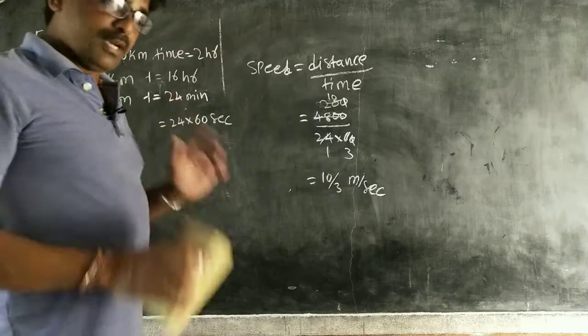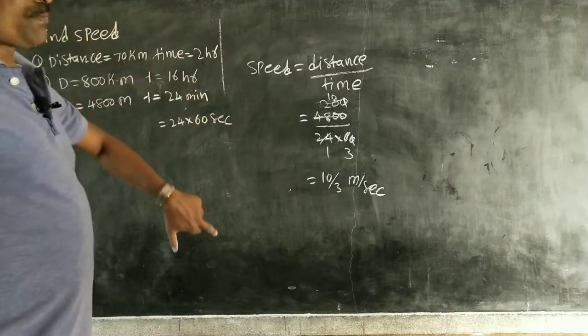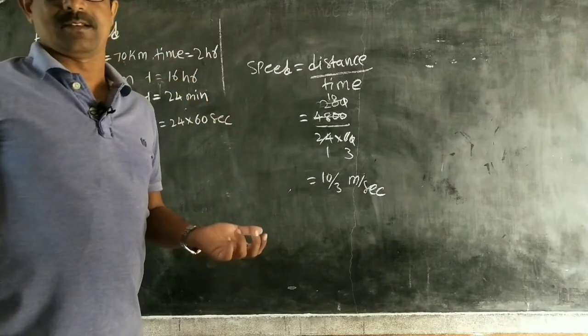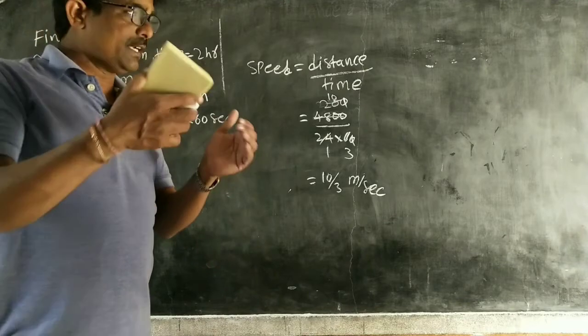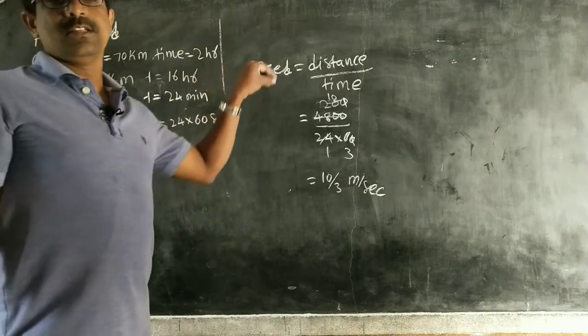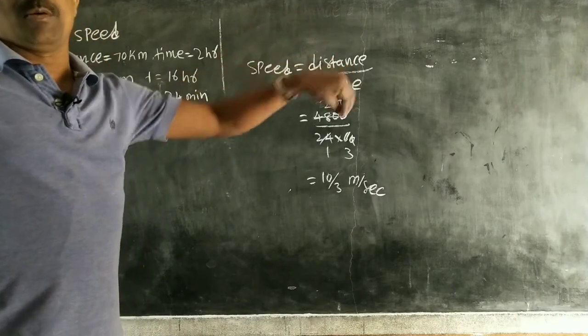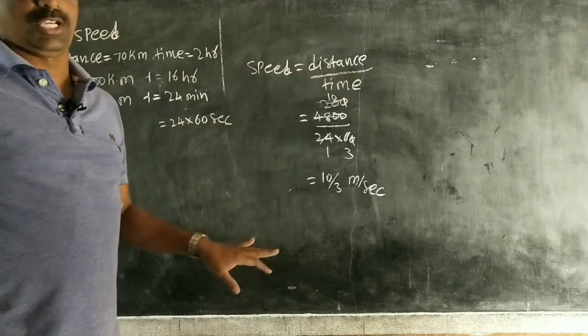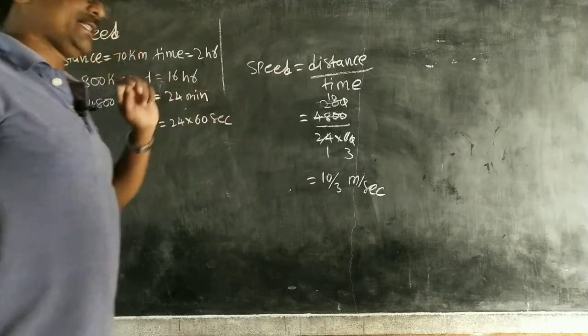Okay? So, the speed should be either in kilometers per hour or meters per second. If it is not given in those same units, you have to change them as convenient, based on the problem only. Okay? Next.